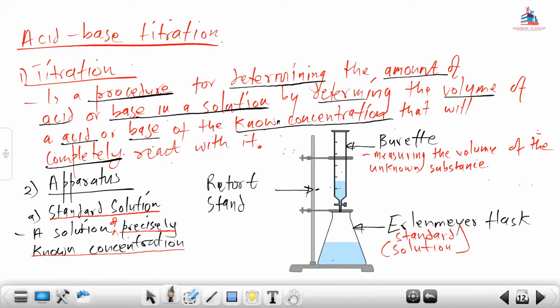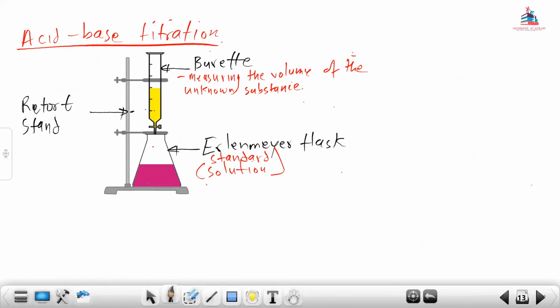So what do I need here? I need to add something else. And that something else that I add here, it is called an indicator.